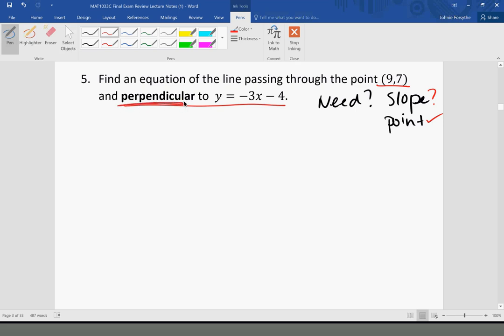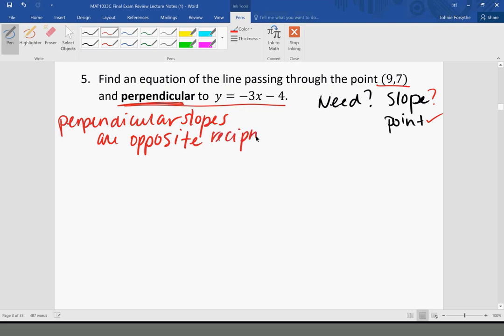So if it's perpendicular to this line's equation, that means that our slope is going to be a negative reciprocal. So remember that perpendicular slopes are opposite reciprocals.